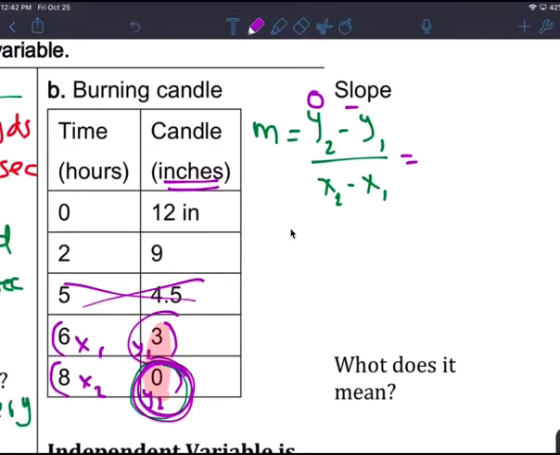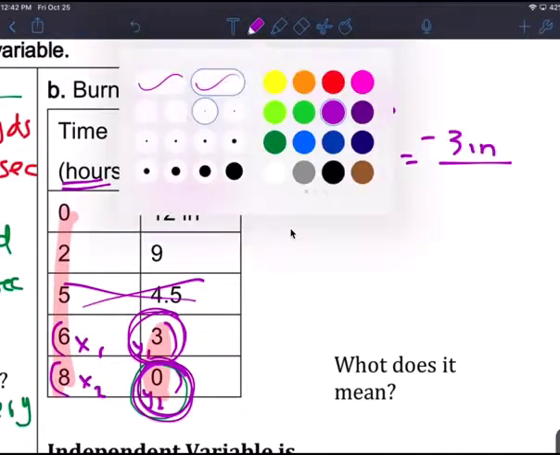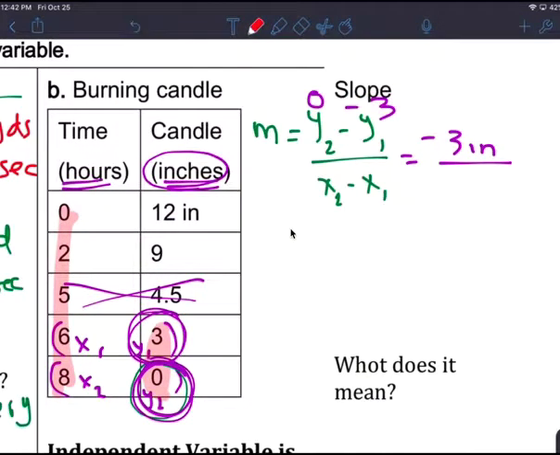0 minus 3, and it's inches. 0 inches minus 3 inches is negative 3 inches, over time in hours on this side right here. So you take x sub 2, 8 minus the 6.